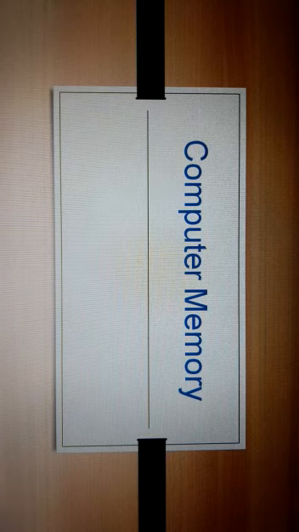Furthermore, CPU is divided into three parts, that is control unit, arithmetic and logic unit, and memory unit. We have already discussed about control unit and arithmetic and logic unit. So today we'll discuss about computer's memory.